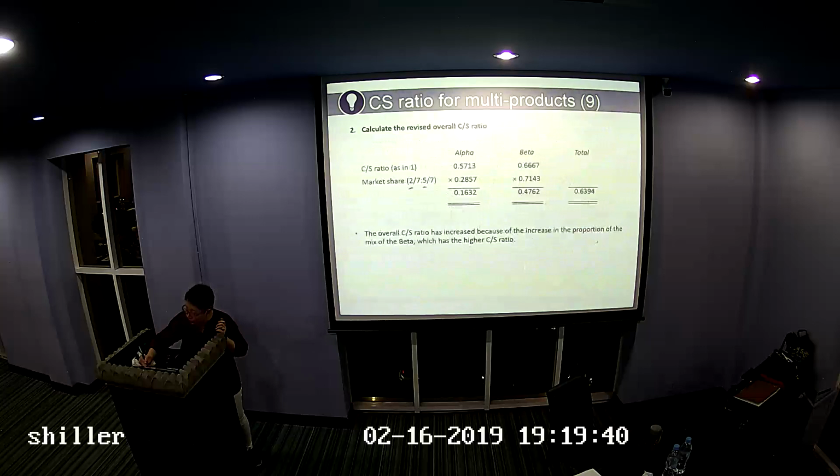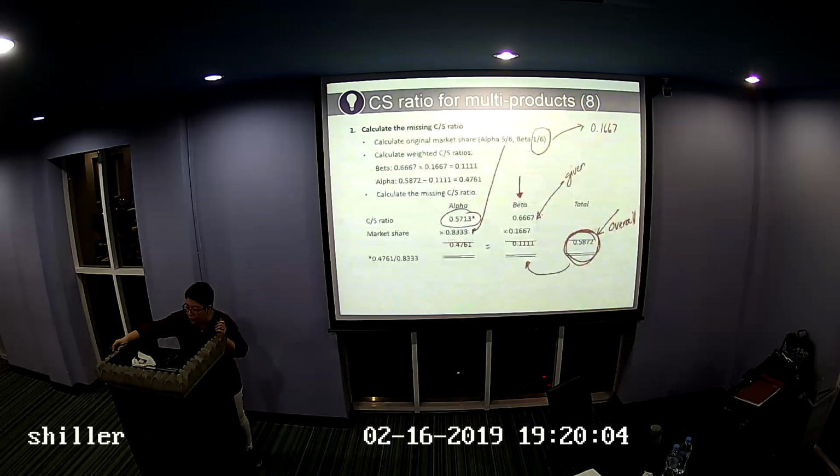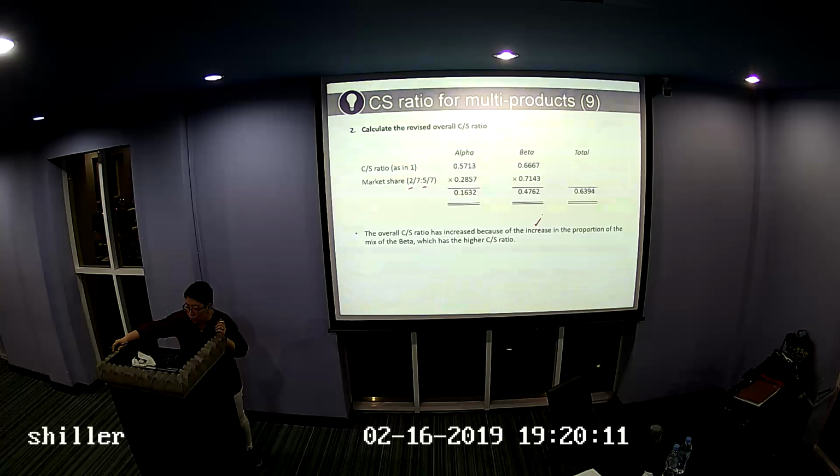Here is it increased or decreased? Increased. So, which one is better? The original market share or the current market share? Why do you think? The original market share was 5:6 and 1:6. They changed it to what? 2:5. Why did they do that?